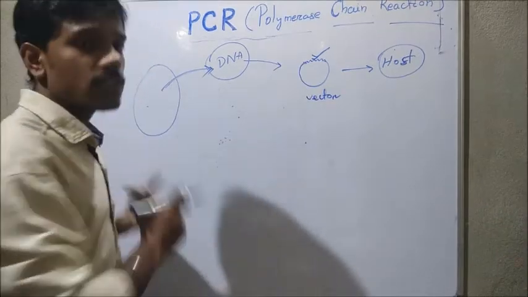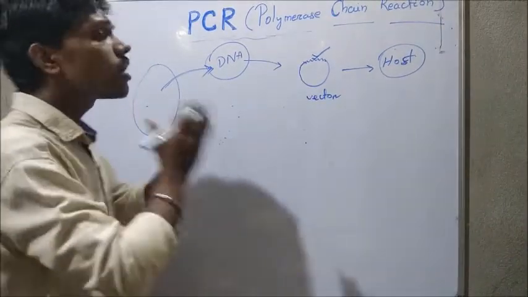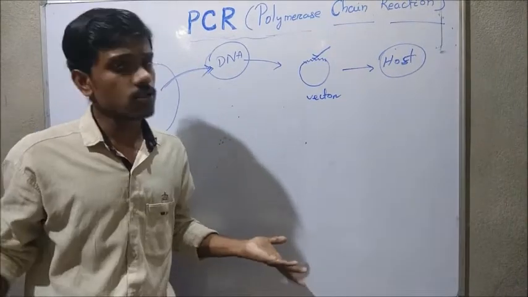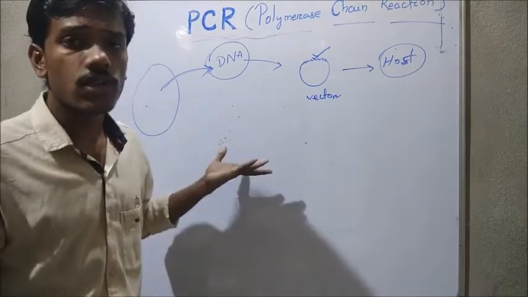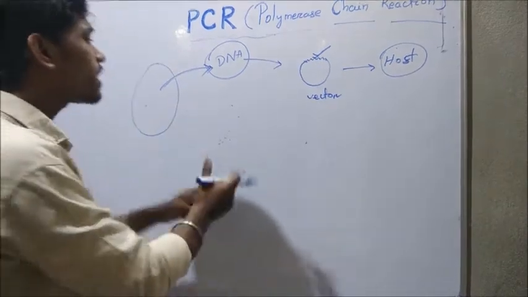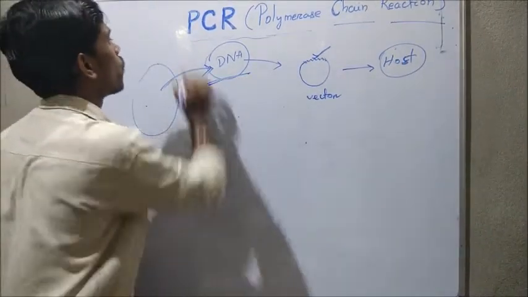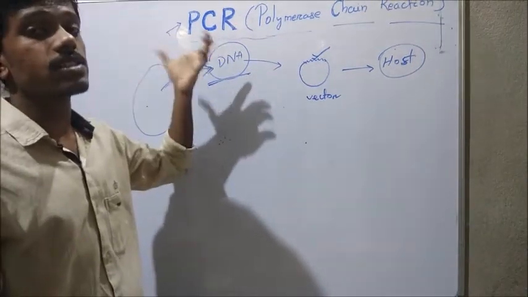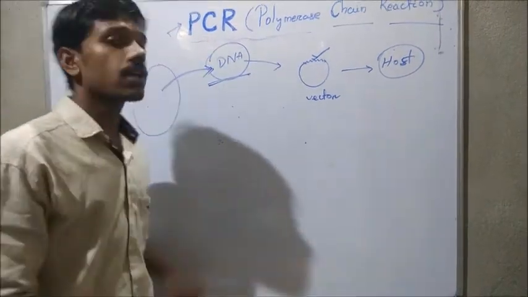To avoid these kinds of things, we have to multiply this DNA into several copies, so that we can't lose that DNA segment. For the multiplication of this DNA, we will follow a new technique that is called polymerase chain reaction, or PCR.